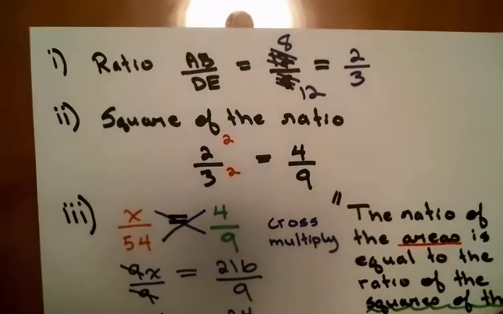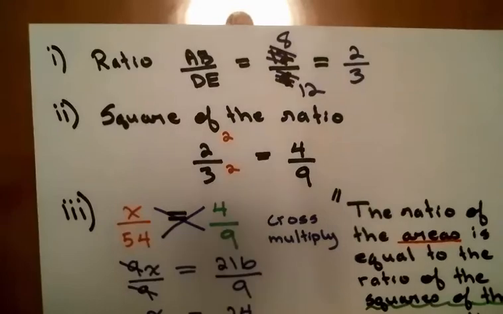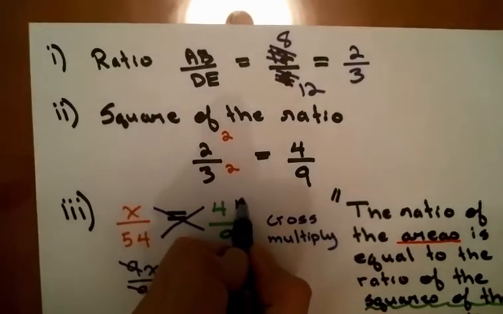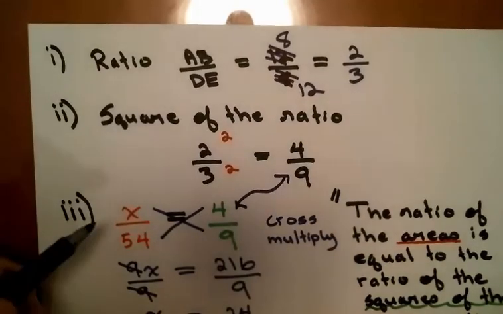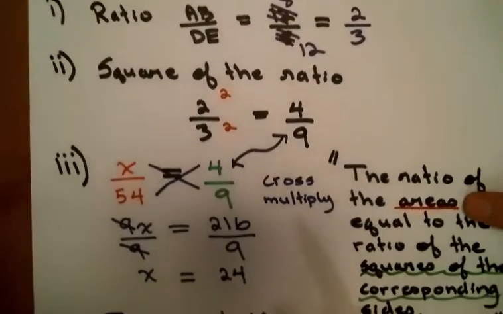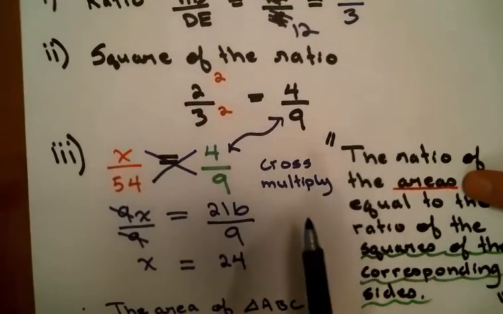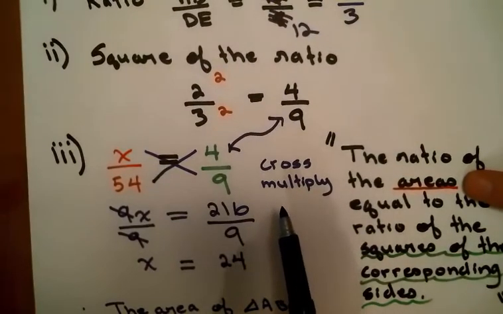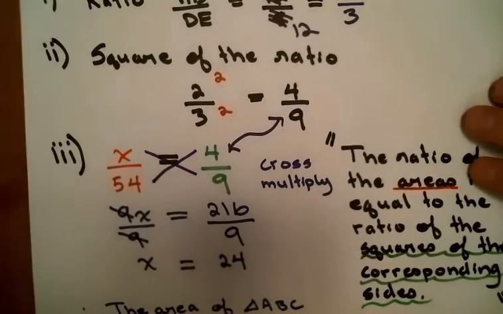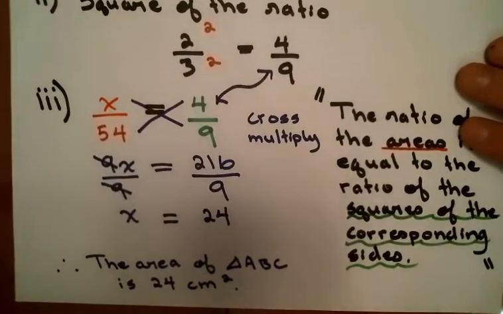You square that ratio and you get 4/9. The last step is you're equating the ratio that you found to the ratio of the areas. And then again, you're following the proportions method of solving, which is to cross multiply. You divide and conquer, and you're able to find the area. That's it for now.